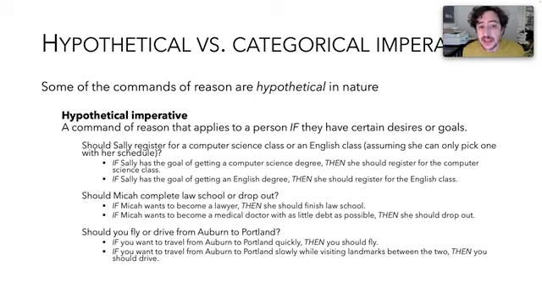In all of these cases, the imperative or command or the demand that your reason makes of you is dependent upon what desires or goals you have. Hypothetical imperatives are essentially what reason demands you do as a means to achieving a goal or desire that you have.